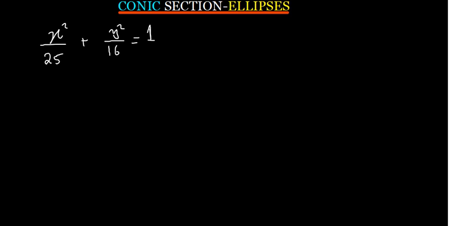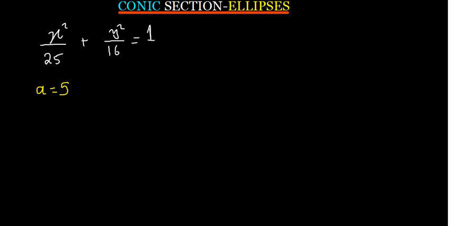Firstly, the number beneath x squared is bigger than this one, so let's give the bigger one as a. We're supposed to write it in the form x squared over a squared, so if we express 25 as a squared, a is going to be 5, because if we square it, it will still give us 25.